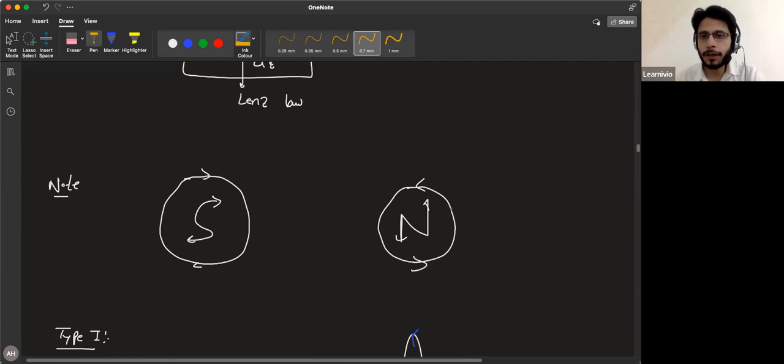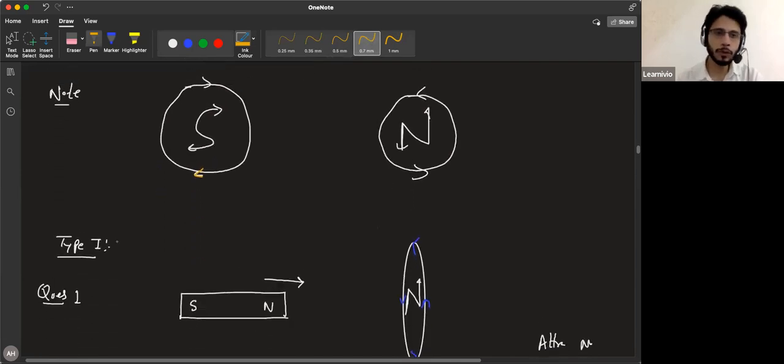And if the current in the coil is anti-clockwise, then the top face will behave like the north pole of the magnet. So I'm repeating it again: if the current is clockwise, the top face will behave like the south pole. If the current is anti-clockwise, the top face will behave like the north pole of the magnet.